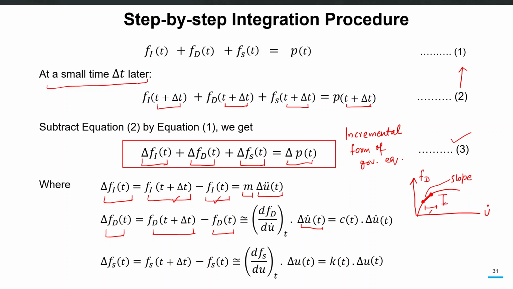For example, if this is x and this is y, then we know that slope is equal to y over x, and we can calculate y as slope into x. So y in this case is basically the change in the damping force from this point to the other point.